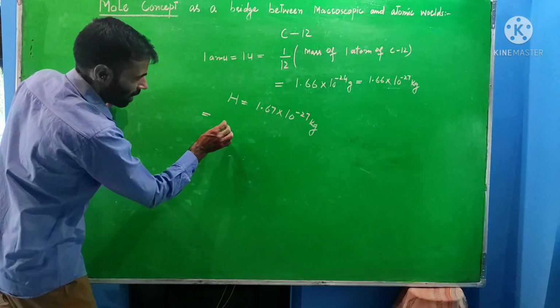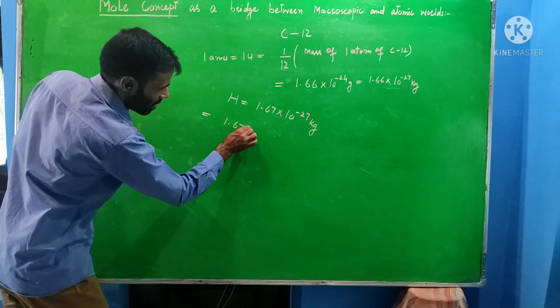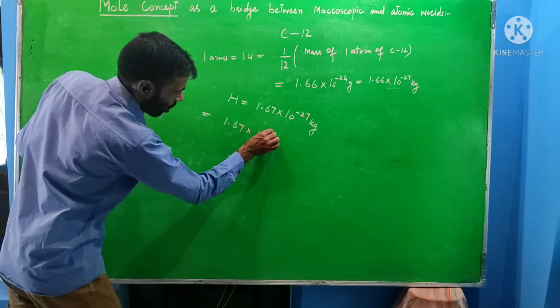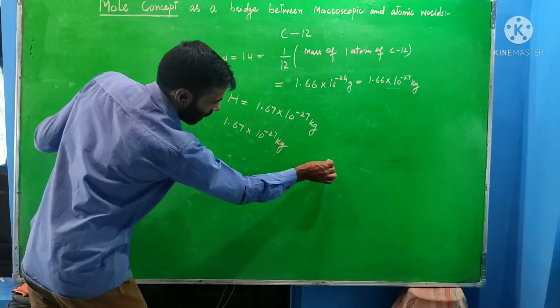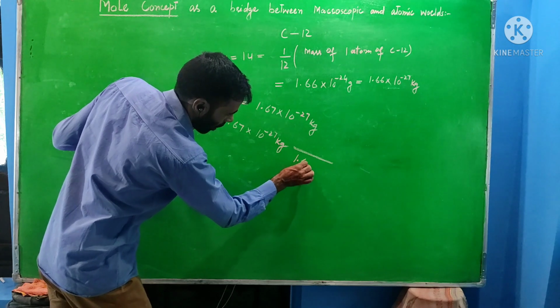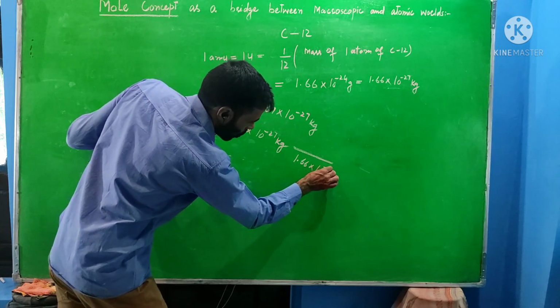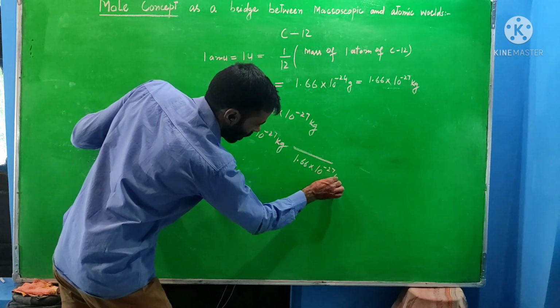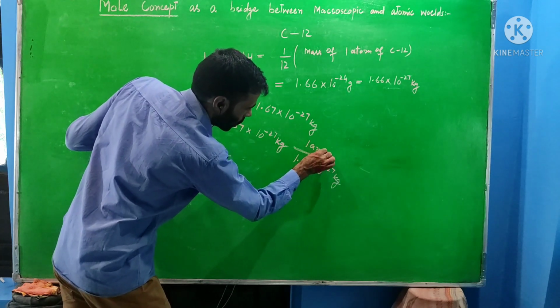First of all, this is in kg, so I write here 1.67 into 10 raised to power minus 27 kg. After that, I write this unit factor: 1.66 into 10 raised to power minus 27 kg, that is equal to 1 AMU or 1 U.